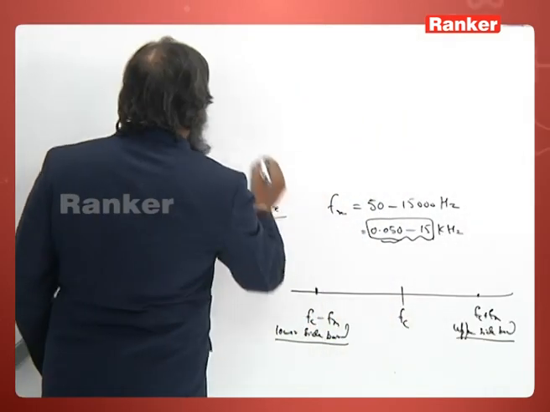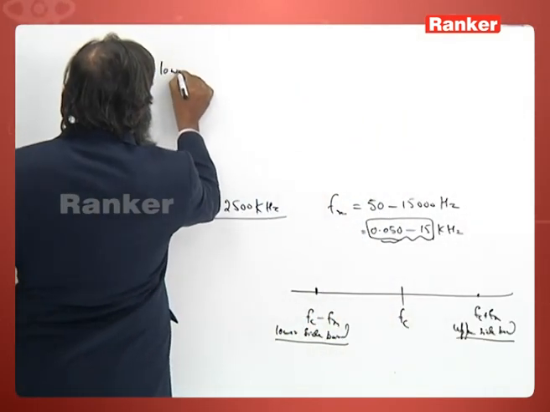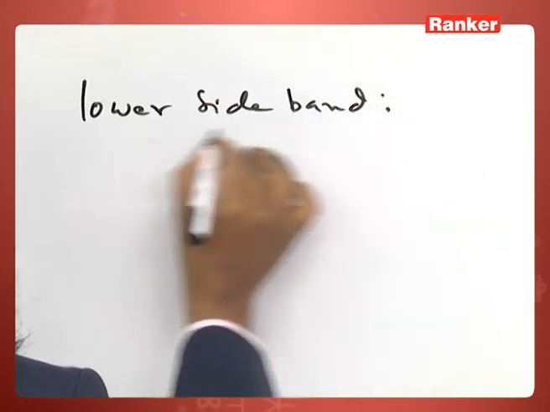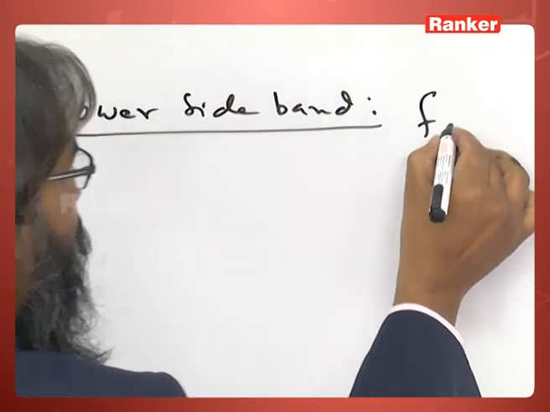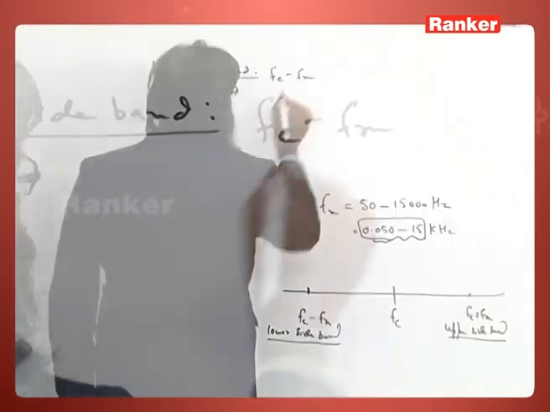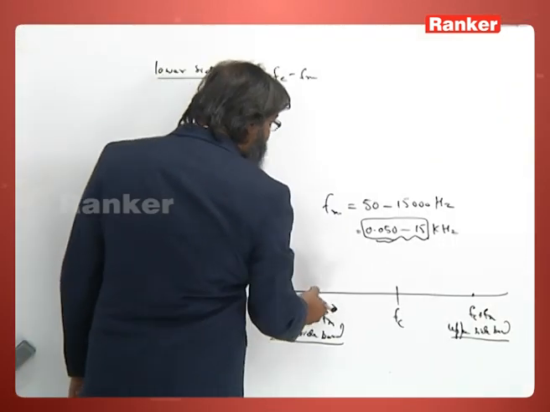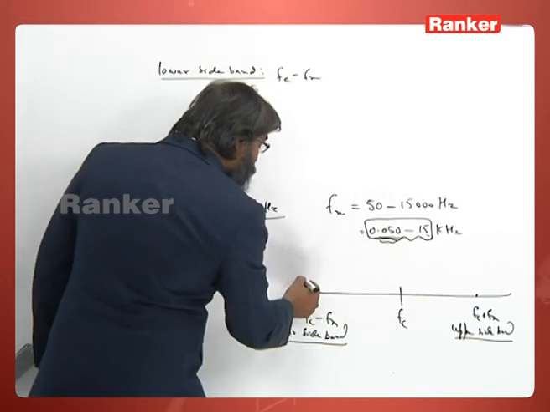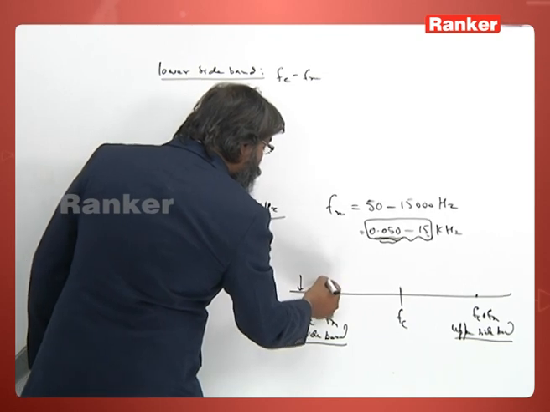Let us first start with the lower sideband. The lower sideband is given by FC minus FM. Since the signal has two limits, it will split into two.